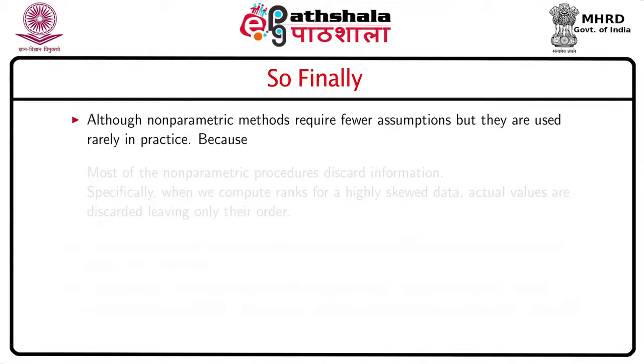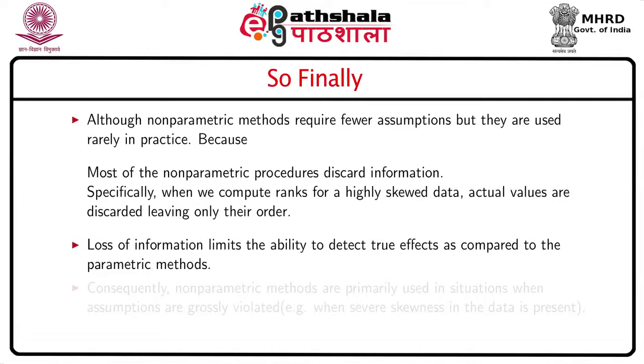Finally, although non-parametric methods require fewer assumptions, they are used rarely in practice because most non-parametric procedures discard information, and loss of information results in reduced efficiency. Specifically, when we compute ranks for highly skewed data, actual values are discarded, leaving only their order. So loss of information limits the ability to detect true effects compared to parametric methods.